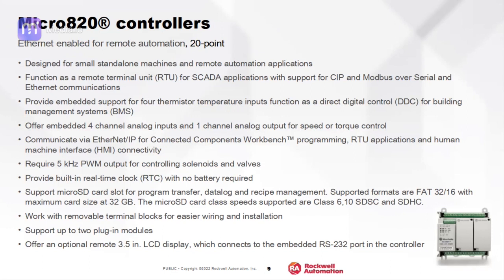Here the input and output terminals can be removed for easy wiring and installation. It supports two plug-in modules. Each plug-in module we will see in detail later. Along with the LCD display, we can easily change either the standalone machine parameters or remote application parameters.